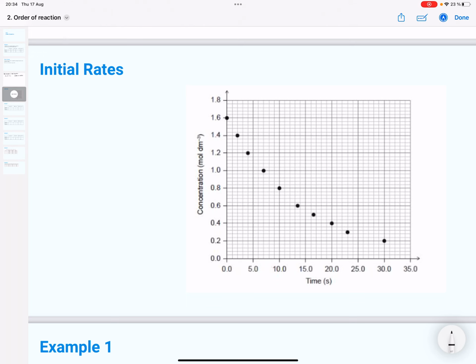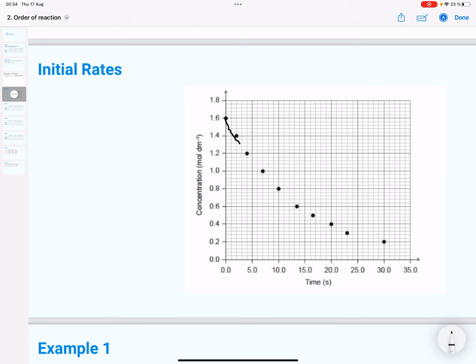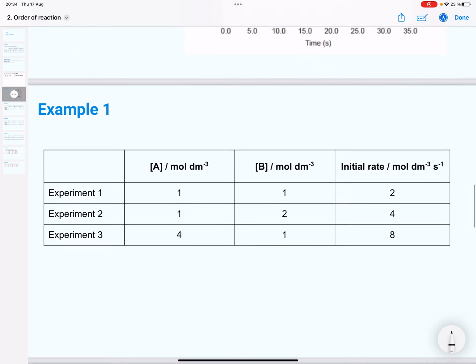You can see here we've got the rate of a chemical reaction. The concentration of the substance is decreasing over time. The initial rate is going to be that first part. The initial rate is the fastest part of the chemical reaction, where there are the most reactants, or the highest concentration of reactants. So let's have a look at an example.